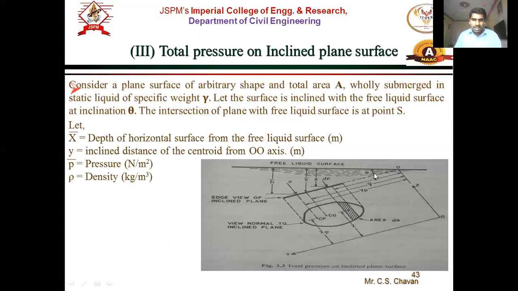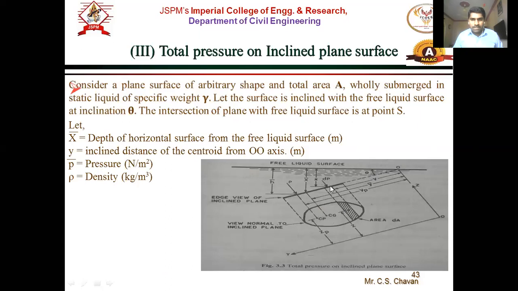This inclination is theta with the free liquid surface, right? Now over this inclined surface, again we will be considering one strip, as in the previous derivation, where we considered a small strip. Same thing we will be discussing here.